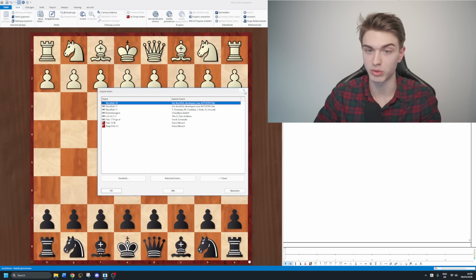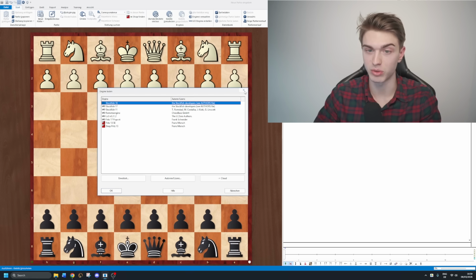How you can also see the power of the engine is the nodes here. So now it says about 1000 nodes per second, kilonodes, I think it says, kilonodes per second. This is one measurement to see how strong the engine is. To be completely honest, I'm not sure what is a good number of nodes per second.